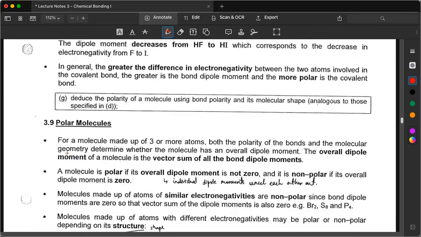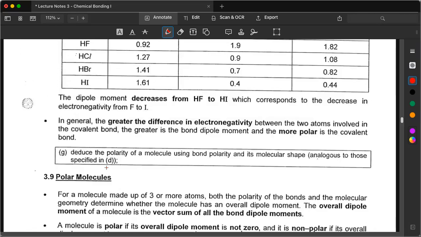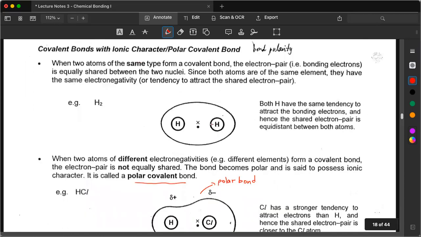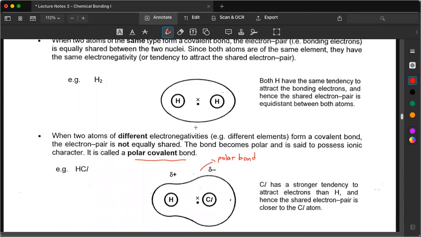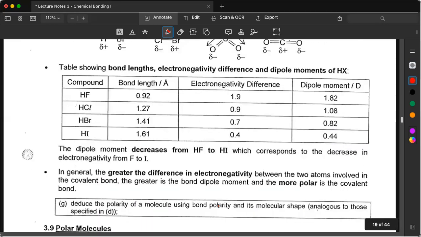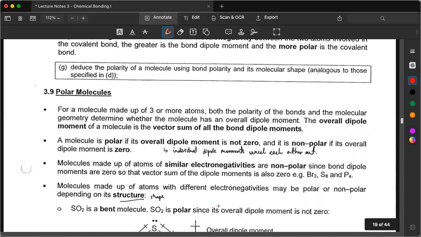So what is a polar molecule? This is not a polar bond. This is a polar bond. Then what is a molecule that is polar? For a molecule made up of 3 or more atoms, both the polarity of the bonds and the molecular geometry determine whether this molecule has an overall dipole moment.